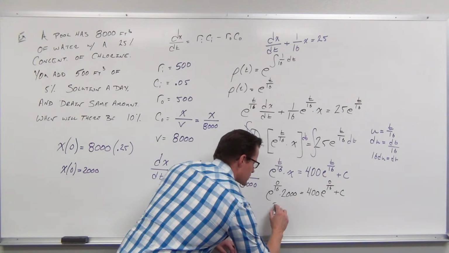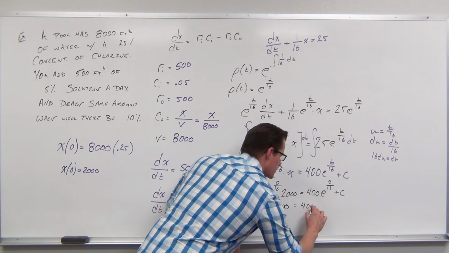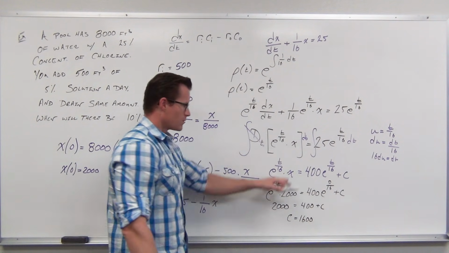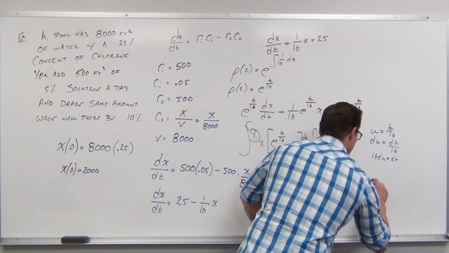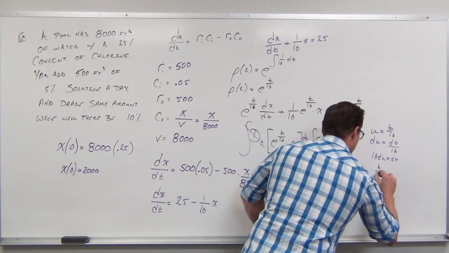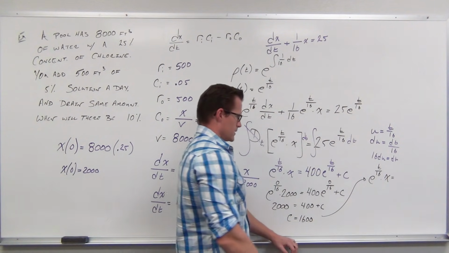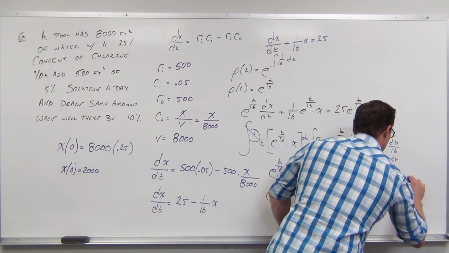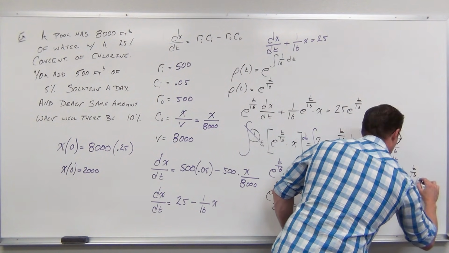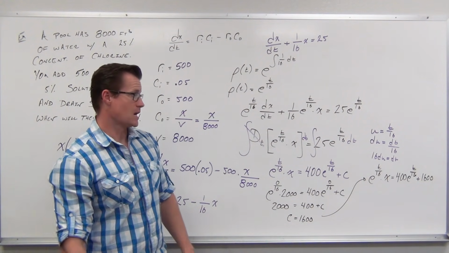One times 2,000 equals 400 times 1 plus c. c equals 1,600. And if we augment this, we get, let's see, 400 plus 1,600.